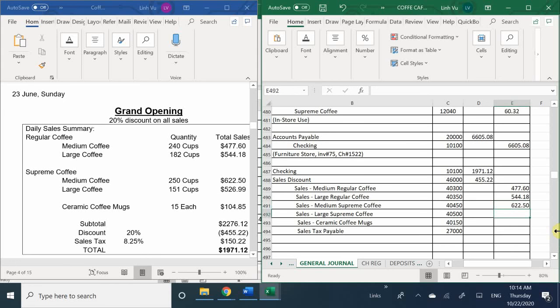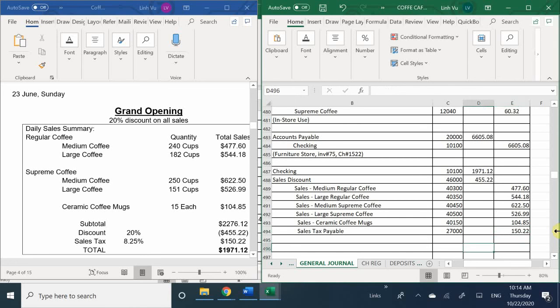Large Supreme coffee, 526.99. And then the ceramic mugs, 104.85. And that is all. One more. What's the sales tax? Oh, my 150.22.